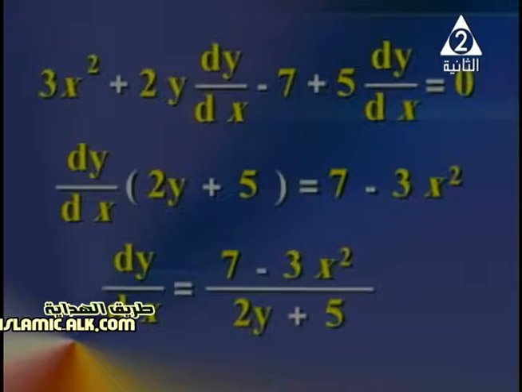After that, we find dy over dx equals 7 minus 3x power 2 over 2y plus 5. Then dy over dx equals what? 7 minus 3x power 2 over 2y plus 5.